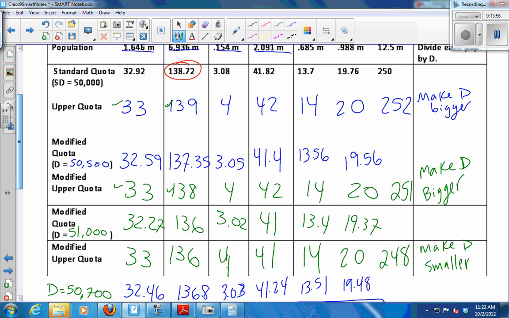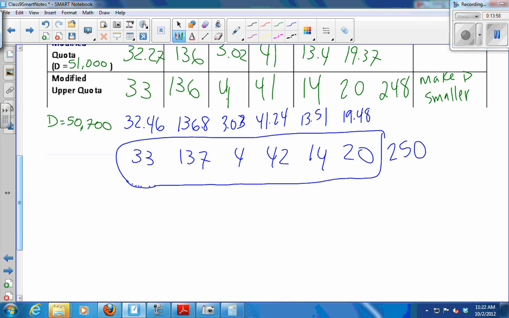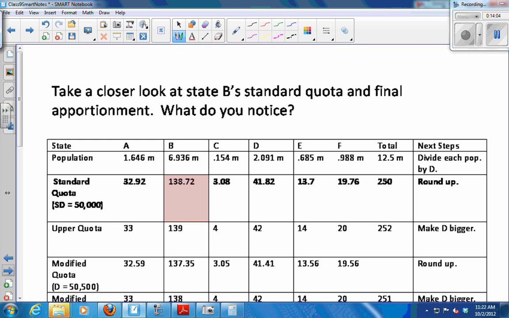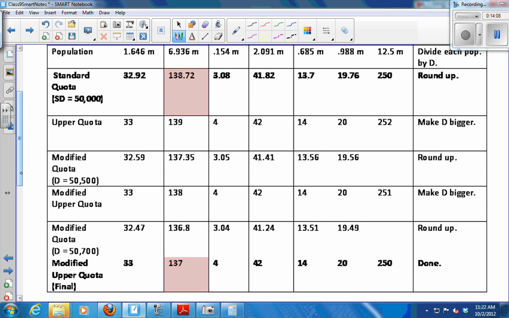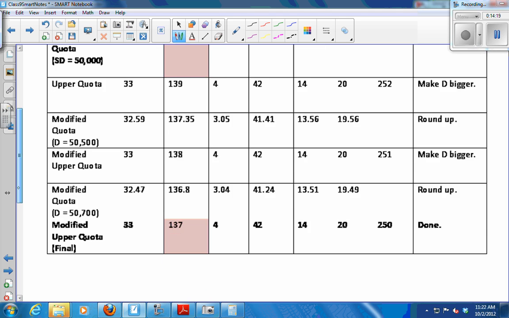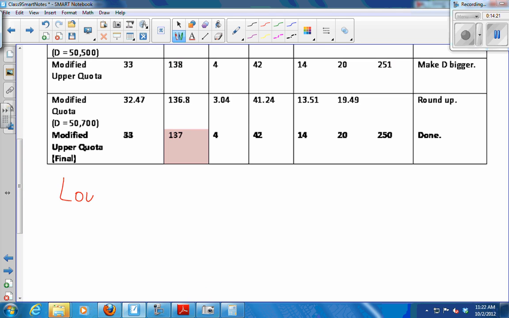But how many did we give them? 137, right? So we violated the lower quota, because they got fewer seats than their lower quota. Their lower quota is 138 and their upper quota is 139. So we have a lower quota violation.